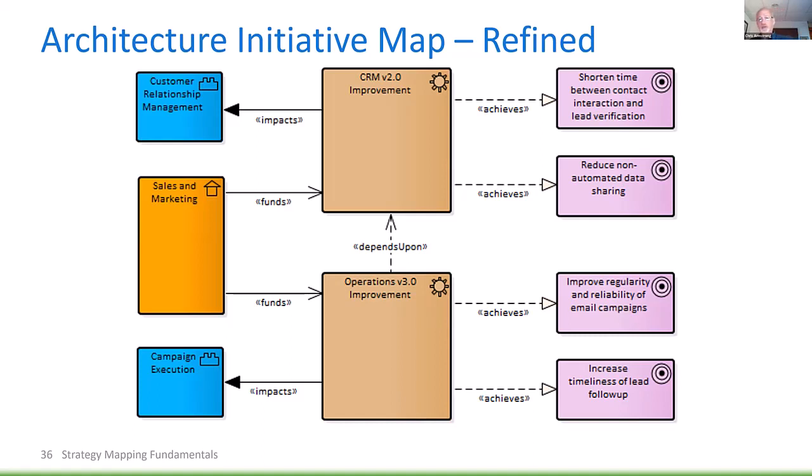We really want to separate that: in order for us to improve CRM, we've got to improve some other things that aren't CRM, but are related to CRM. So that had to do with taking the 4 objectives, making 2 of them CRM specific, and then making 2 of them operations specific.